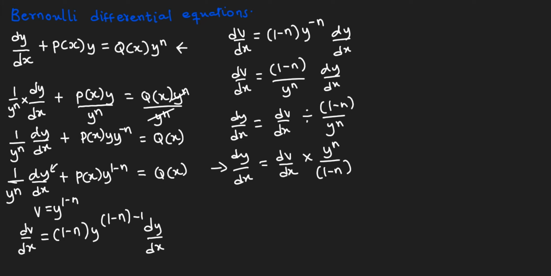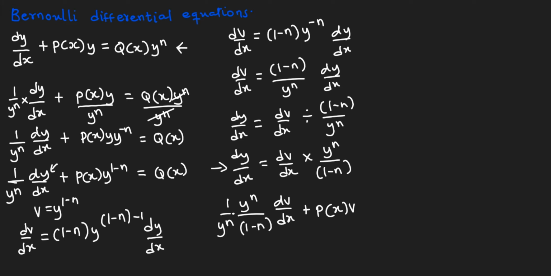Now let's write the differential equation back. We are going to have 1 over y to the power n, and instead of dy/dx, we write y to the power n over 1 minus n, and then dv/dx. Then plus p of x multiplying y to the power 1 minus n, and that's giving us v.